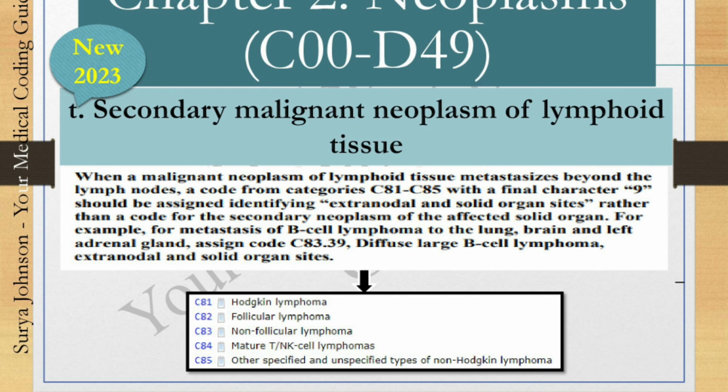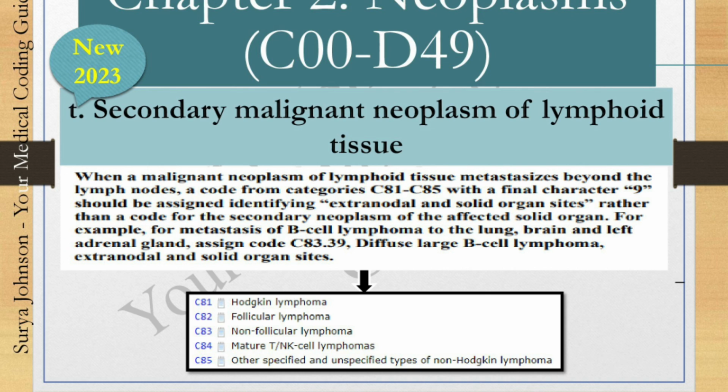You should not code a secondary neoplasm of the affected solid organ if the lymphoma has metastasized to other sites. Instead, you should code it as extranodal and solid organ. For example, if there is metastasis of a B cell lymphoma to the lung, brain, and left adrenal gland, then you will assign code C83.39, diffuse large B cell lymphoma, extranodal and solid organ sites.